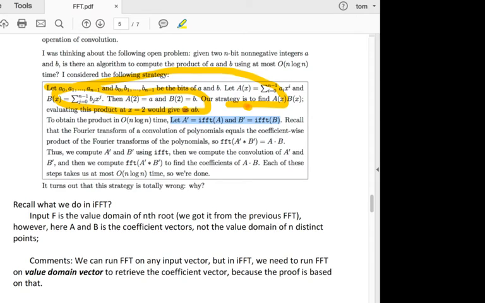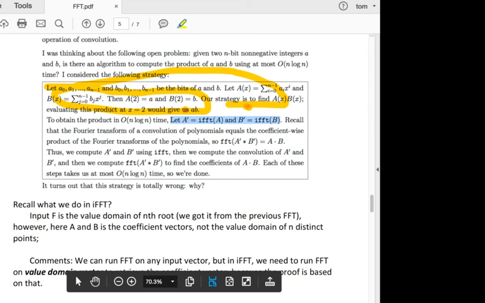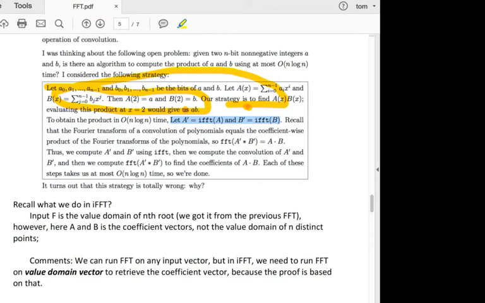As I said before, inverse FFT is nothing but running FFT again. However, we can run FFT for any kind of vector. But in iFFT, we expect the specific result, and we have the proof, and in the proof we have the valid domain vector. That's very important.